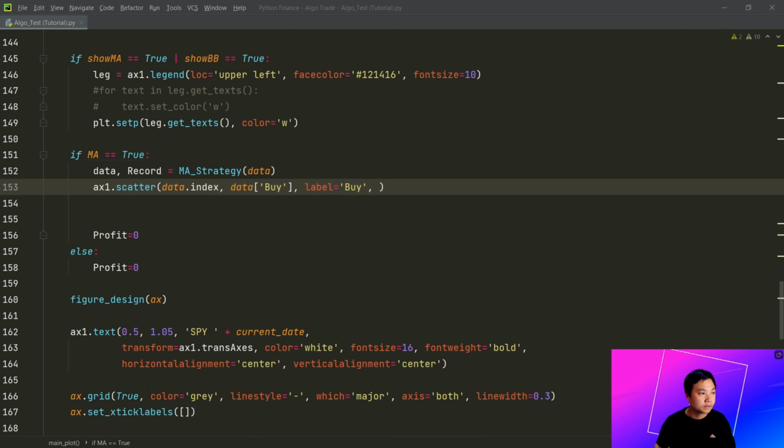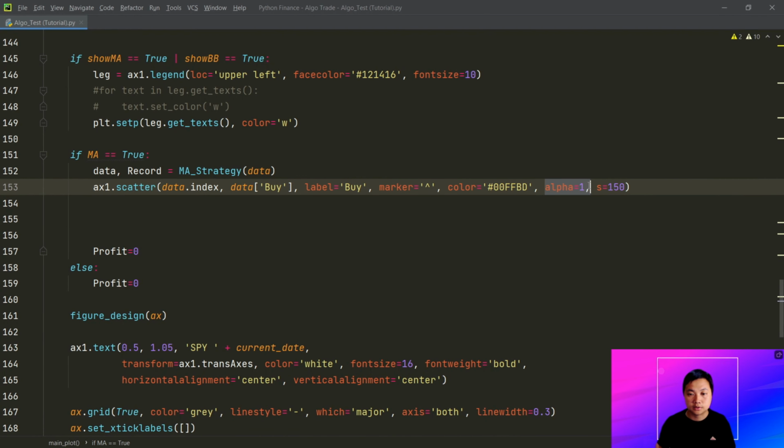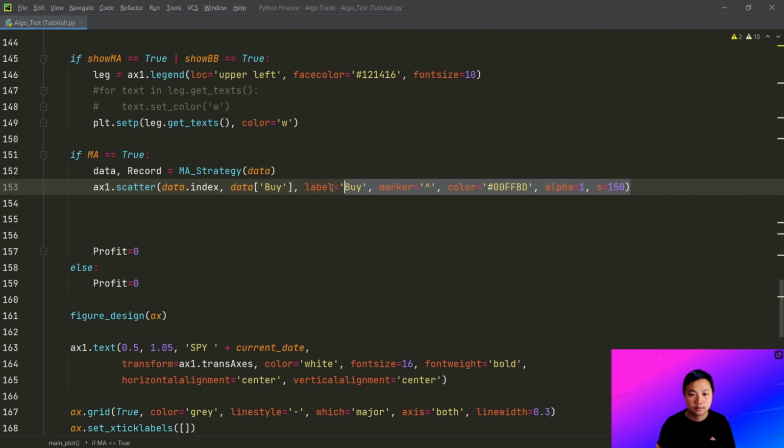The marker that I'm going to use is a triangle pointing upwards, and the color is green, and the alpha is 1, s equals 150. The alpha is whether or not it's transparent, and I just set it to not a transparent marker, and the s is the marker size. And this is for the buy.